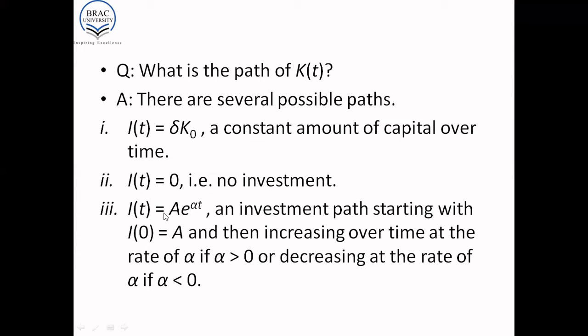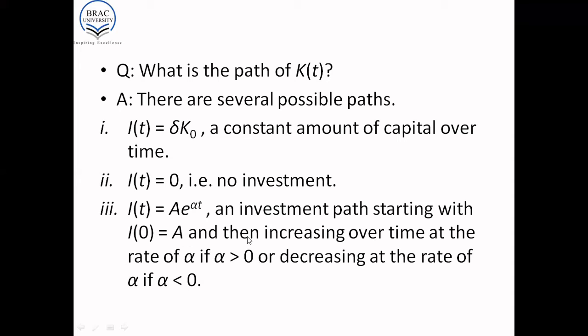Or I(t) is equal to a e to the power alpha t, which is an investment path starting with I(0) equal to a. So when t is equal to 0, you have a times e to the power 0, or a times 1, which is a. So I(0) is equal to a.